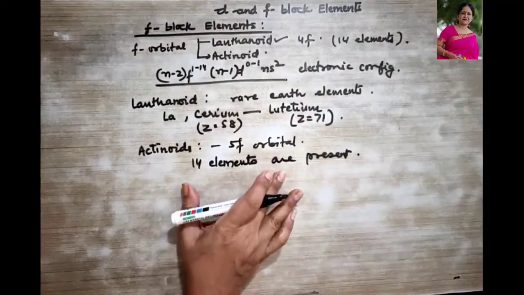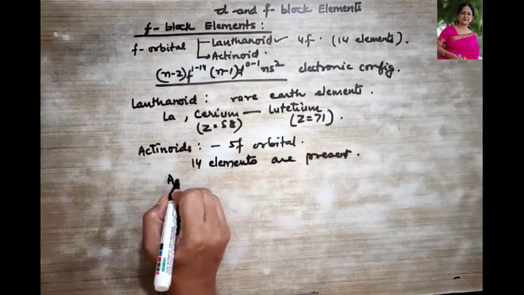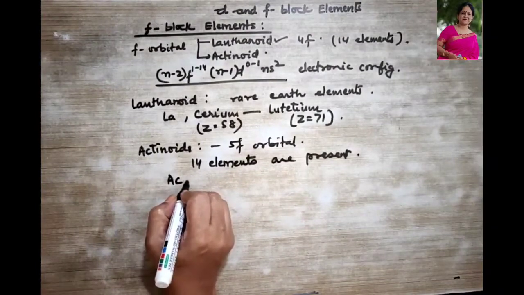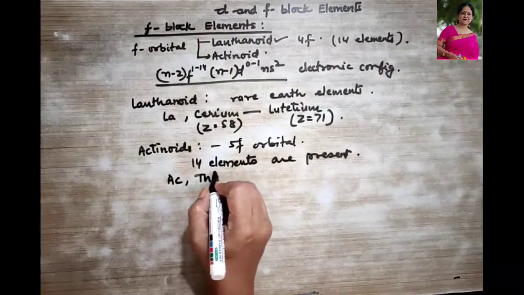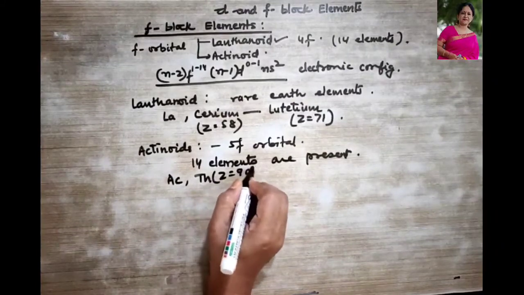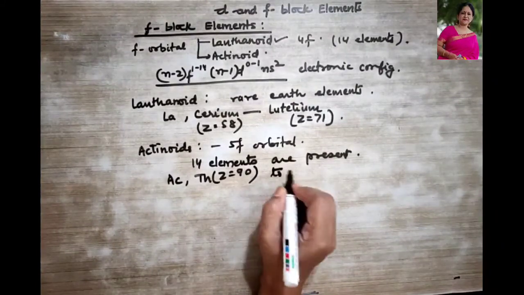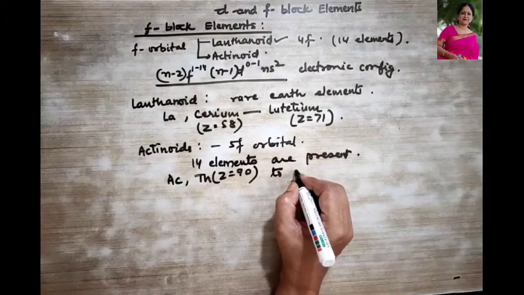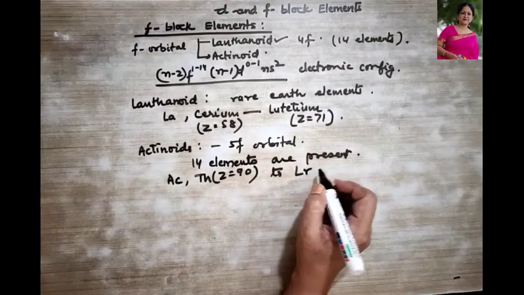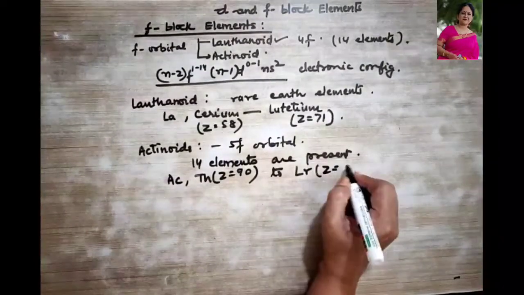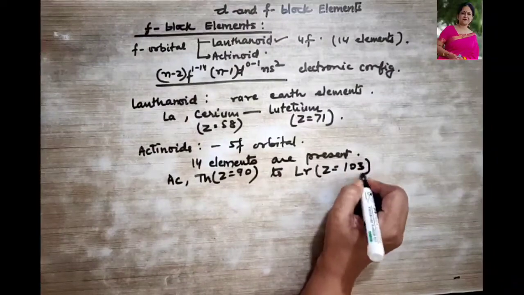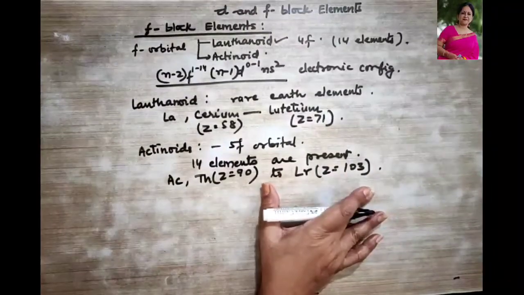Fine. And it starts from what? Actinium is the first member, followed by thorium, whose atomic number is 90, and it goes to lawrencium, right? Lawrencium is Lr, whose atomic number is 103. So this was about actinoids.